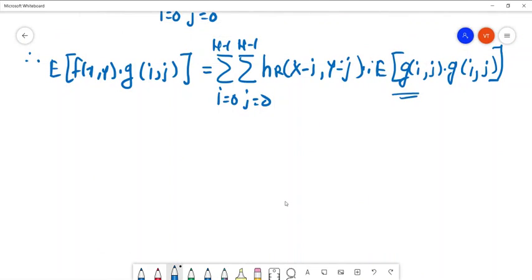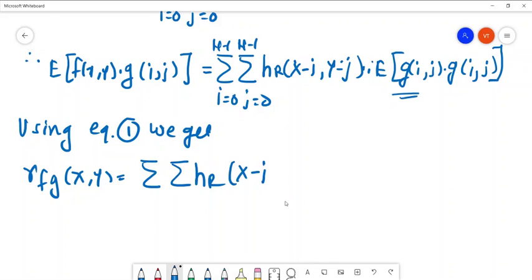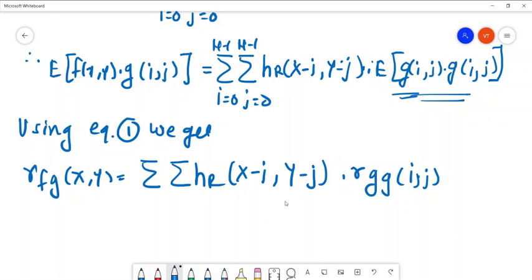Using equation number 1, we get autocorrelation and cross correlation. This is a cross correlation, right? Cross correlation of f and g at x, y equal to double summation hr(x minus i, y minus j), and this is the autocorrelation of g at i, j. This is autocorrelation, right? And this is cross correlation.